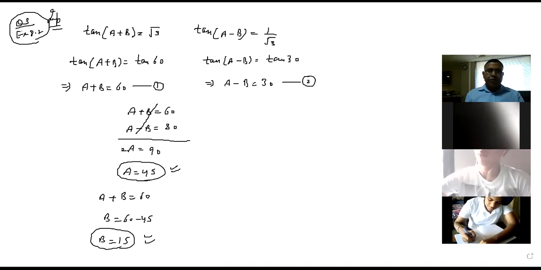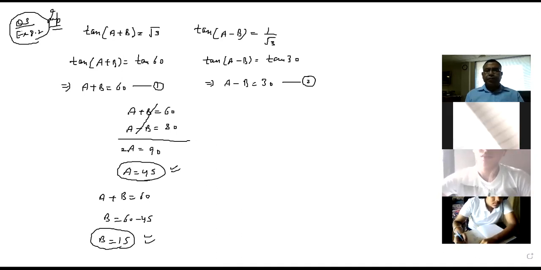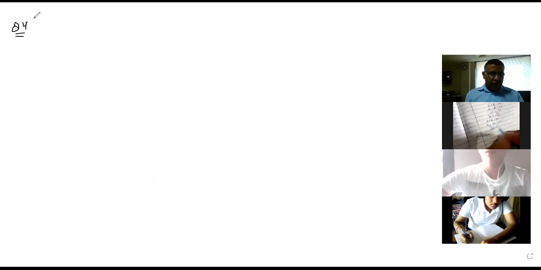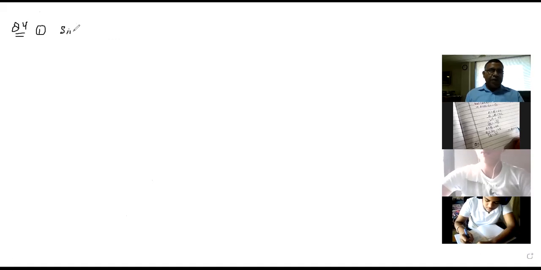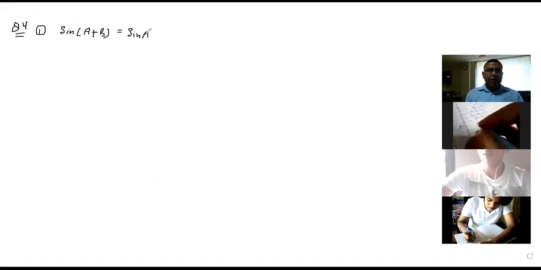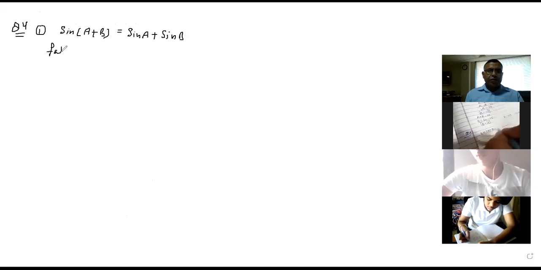Now, question number 4, the first part. State whether the following are true or false. Justify your answer. The first thing is sine A plus B is equal to sine A plus sine B. This is false, because when you open sine A plus B, in trigonometry algebraic multiplication is not possible.